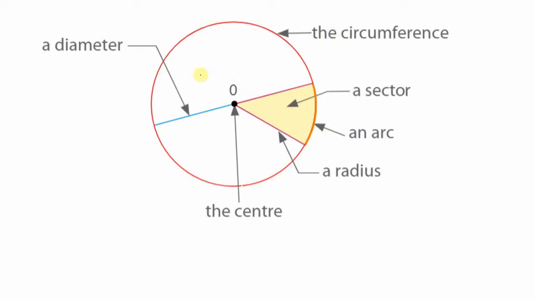The diameter we can write as 2 times the radius, because it is the radius from the arc or the circumference of the circle right to the midpoint, through the midpoint to another point on the arc of the circle. So we could also say that the radius is in fact half of the diameter's length.